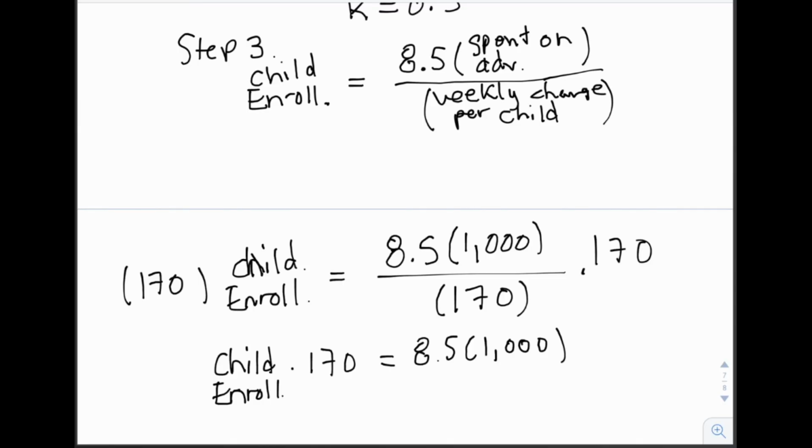And if we divide by the 170, we should get child enrollment equal to 50. So if we spent 1,000 on advertising and then our weekly charge per child was 170, given that our constant was 8.5, we should have approximately 50 children enrolled in the daycare. So this will be our final answer, and we are good to go here.